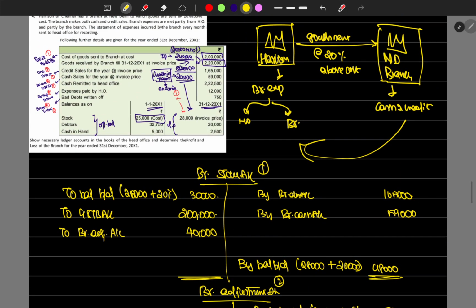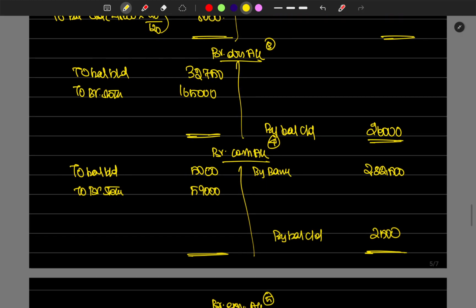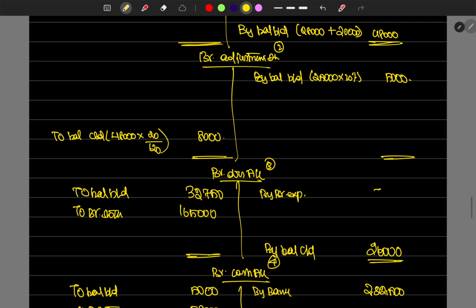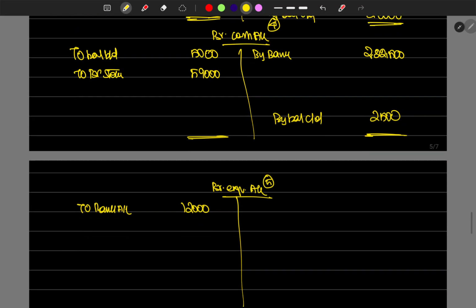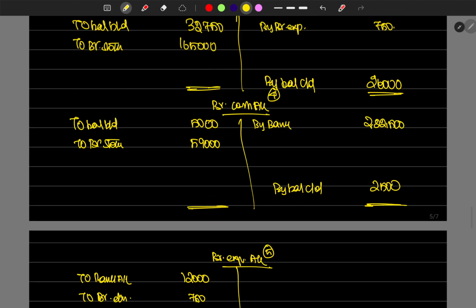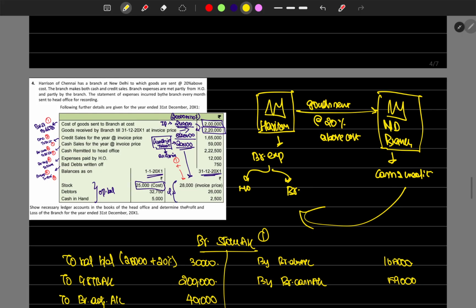Then the next entry is bad debts written off, the branch expenses to debtors. Expenses, which is how much? 750. That's it. We have recorded everything.